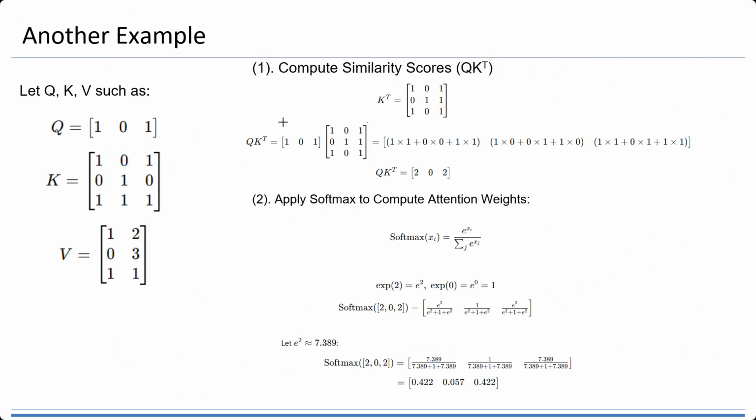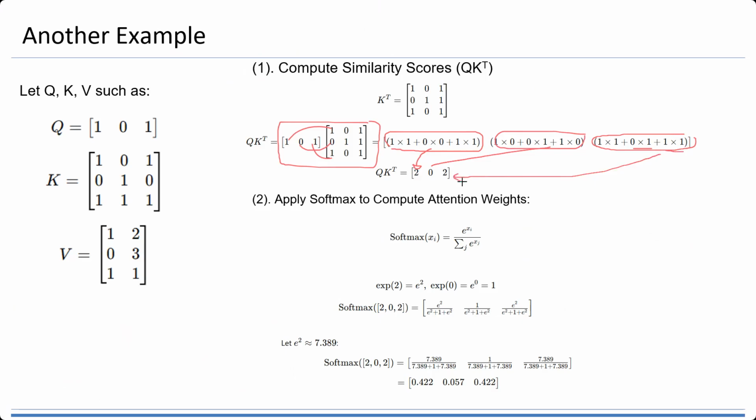And then you will just do the multiplication. You know the multiplication? 1 multiplied by 1, 0 multiplied by 0, 1 multiplied by 1. Then you will get a new matrix which is 2. 1 multiplied by 0, 0 multiplied by 1, 1 multiplied by 0, then you will get 0. 1 multiplied by 1, 0 multiplied by 1, and then 1 multiplied by 1, you will get the value 2.